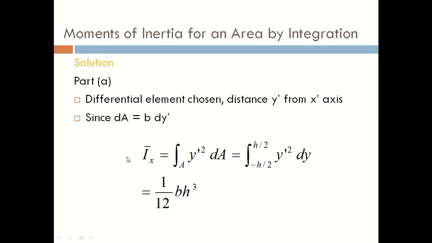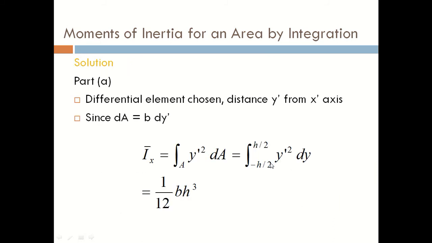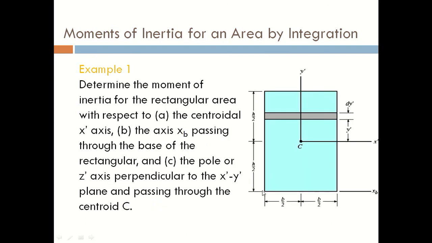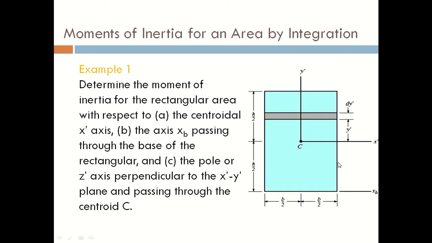The moment of inertia of this elemental area about the centroidal axis, if we consider the total rectangle, is the integral over the total area A of y dash square multiplied by dA. Here y dash is the distance of this elemental area from the centroidal axis x dash.